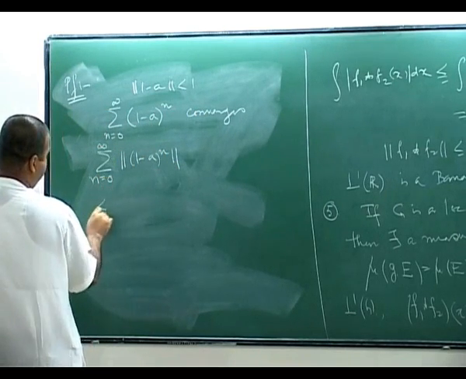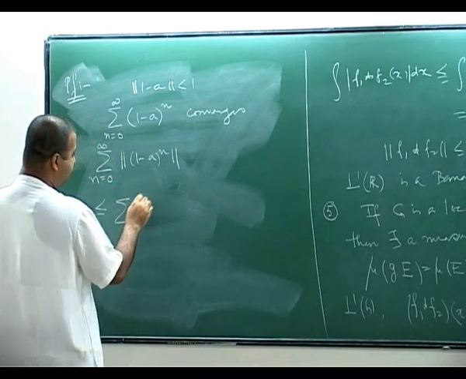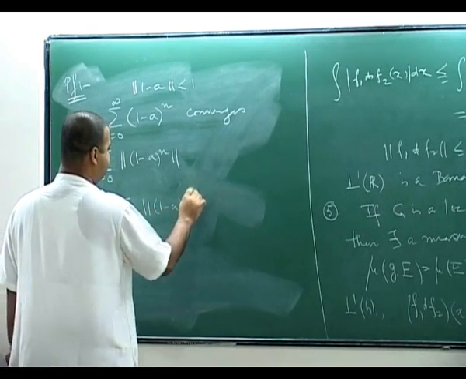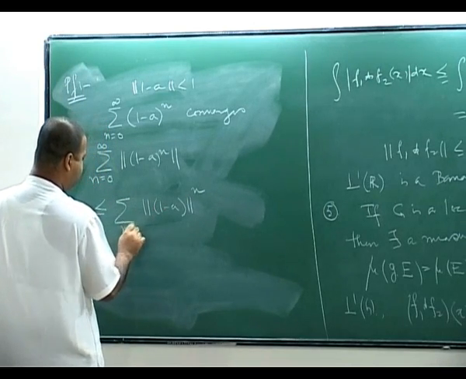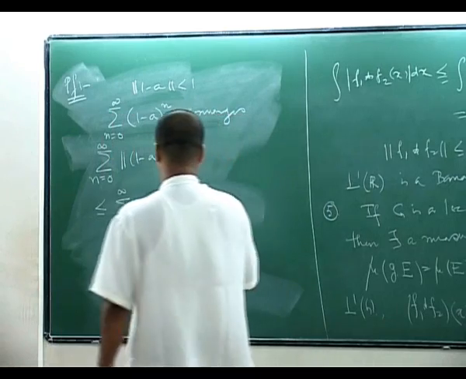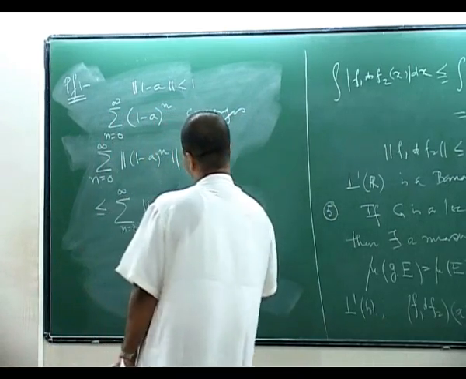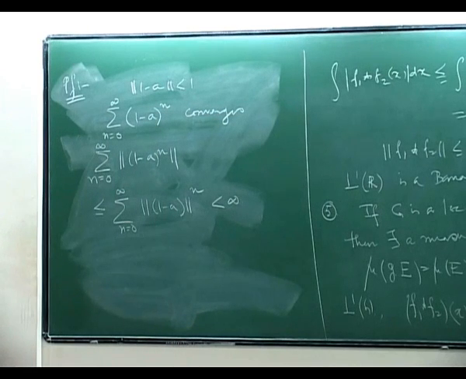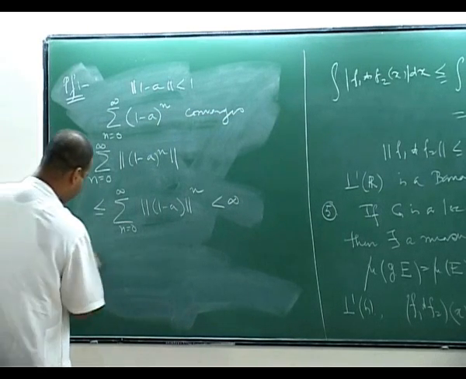This is less than or equal to, using this Banach algebra condition, something that is now less than 1, so this is dominated by a geometric series, and so this is finite, and therefore that series converges.